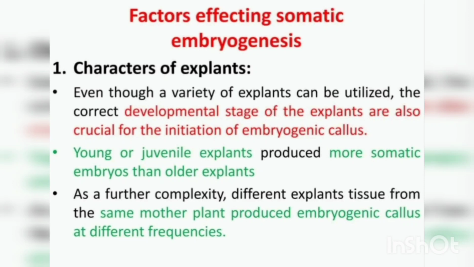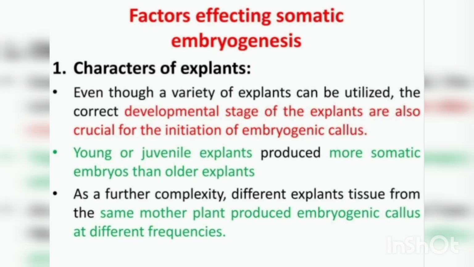And also according to the complexity of the plant tissue, it produces embryonic cells in different frequencies. So from the same mother plant we can see that the embryonic callus is produced at different frequency.